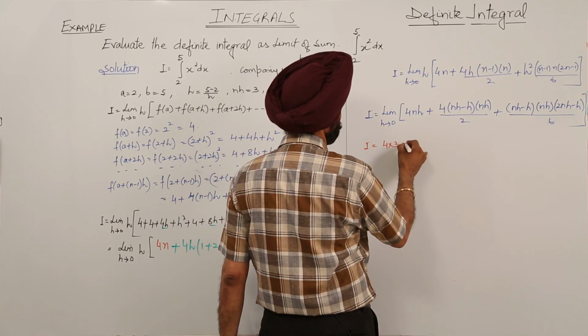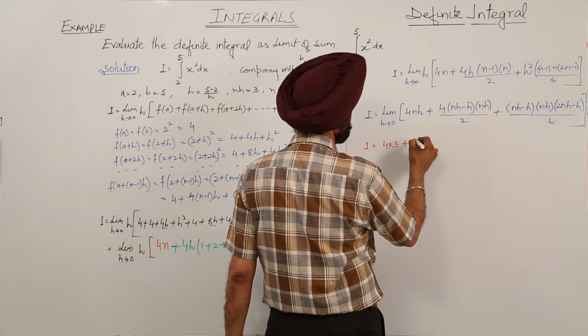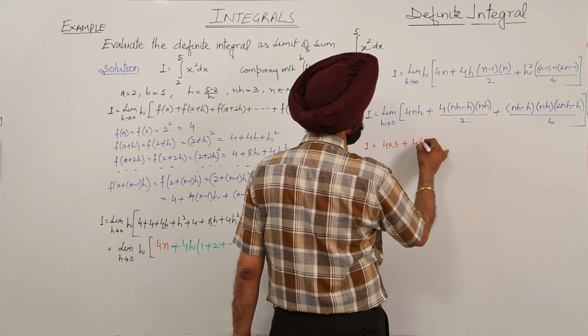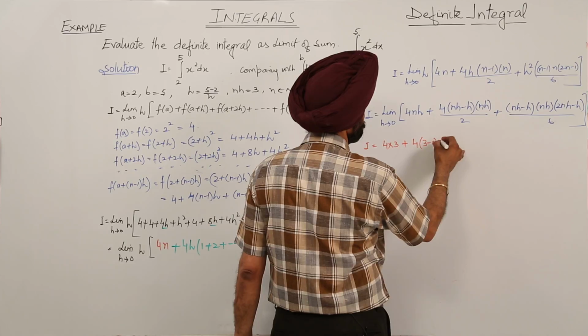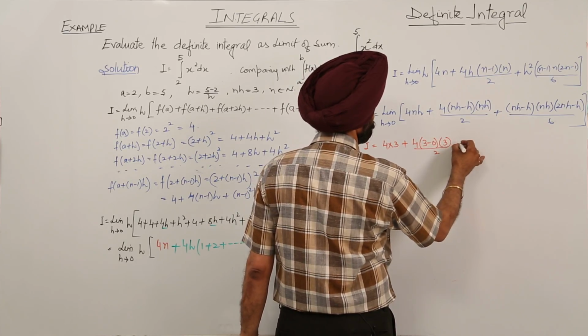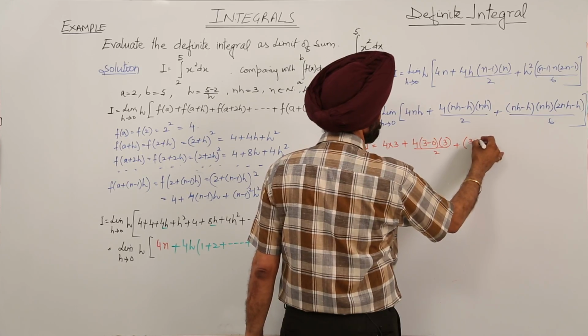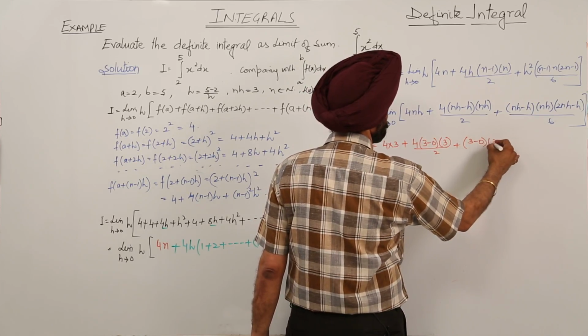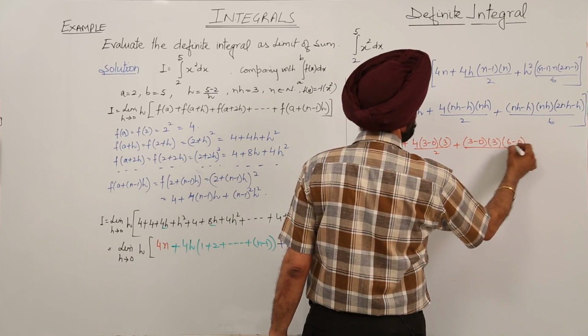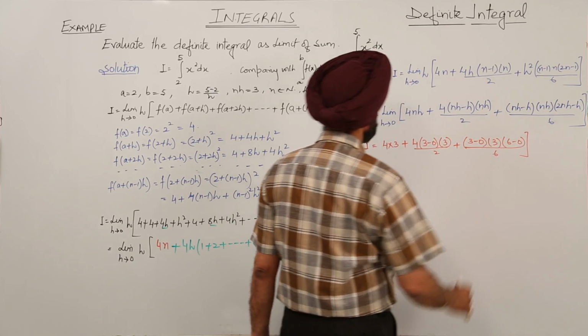4 with 3 plus 4 with 3 minus 0, 3 upon 2, plus 3 minus 0, 3, 6 minus 0 upon 6.